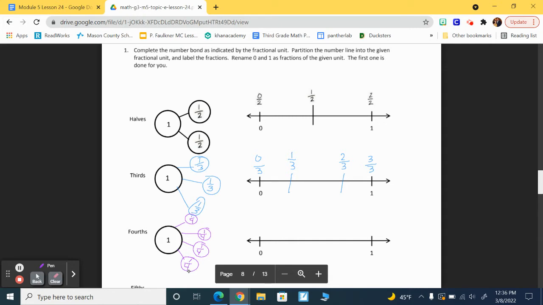So now I'm going to take my line and I'm going to split it into fourths. So to start, I have 0/4, I have 1/4, this is 2/4, 3/4, and then we have 4/4. That's what that one should look like.